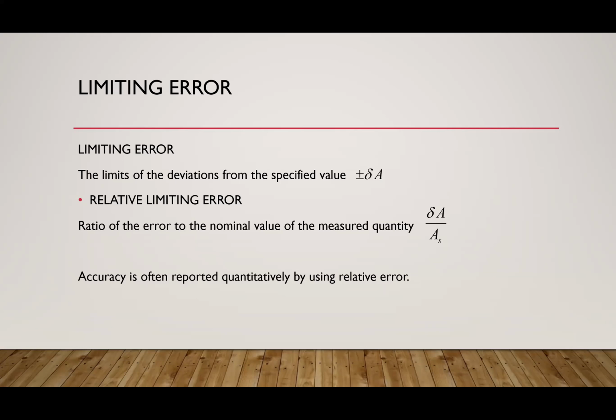So accuracy is often reported quantitatively by using this limiting error. जैसे मैंने आपको example बताया, accuracy might be 90% plus minus 2%, something like that. So basically the limiting error is the maximum possible deviation from the specified value, and the ratio of this deviation to the nominal value gives you the relative limiting error.